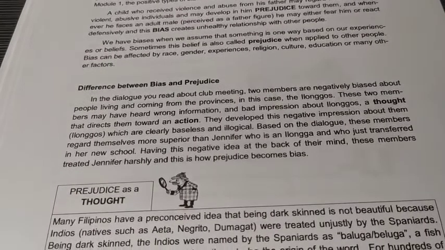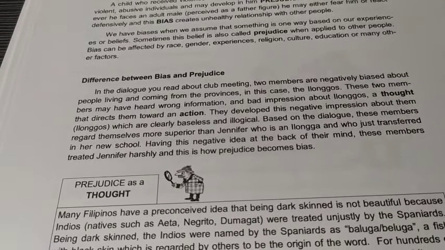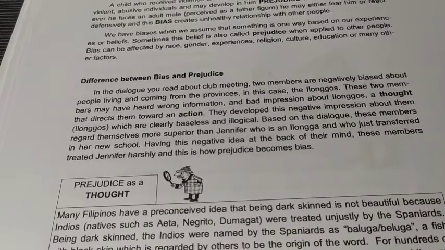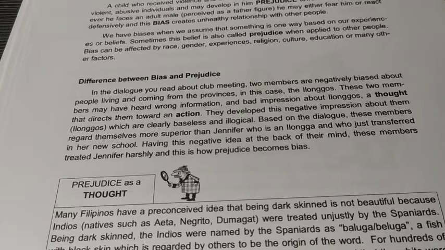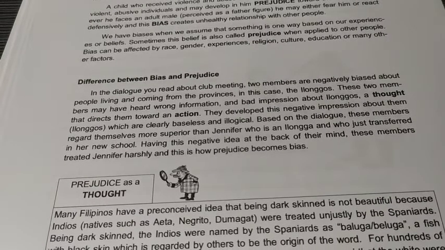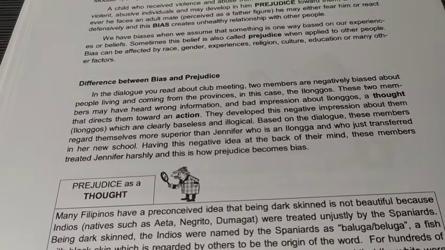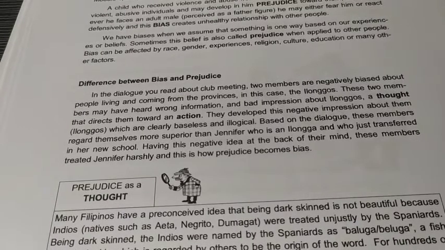Based on the dialogue, these members regard themselves as more superior than Jennifer, who is an Ilongga and who just transferred to her new school. Having this negative idea at the back of their minds, these members treated Jennifer harshly, and this is how prejudice becomes bias.